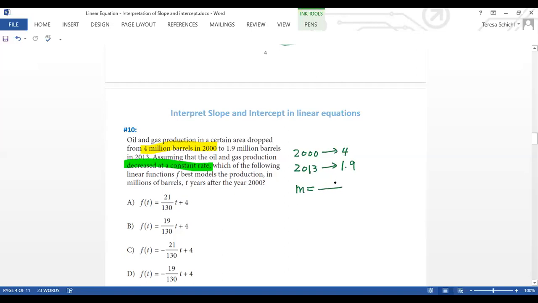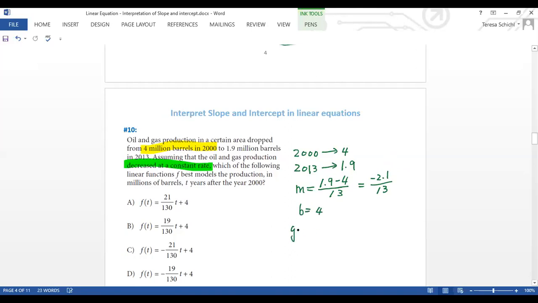My slope here is 1.9 minus 4 divided by how many years? 13 years, right? So I will have negative 2.1 over 13. All right, so my b is equal to 4.